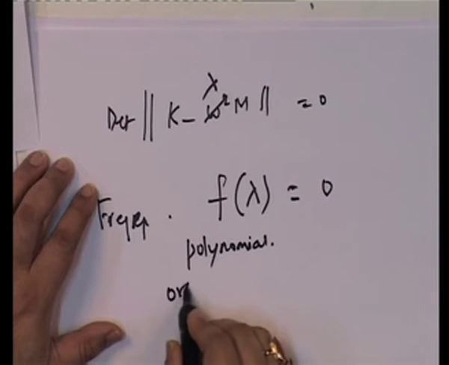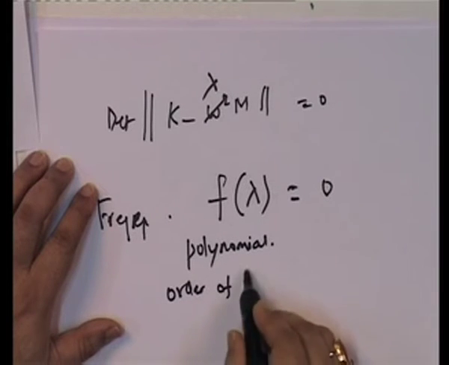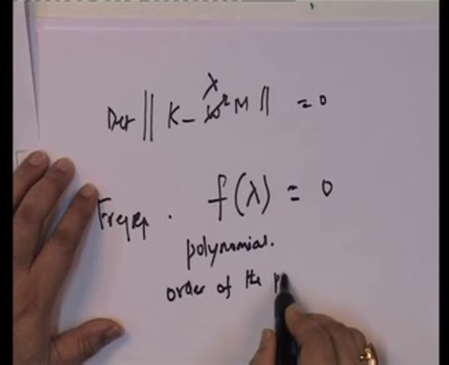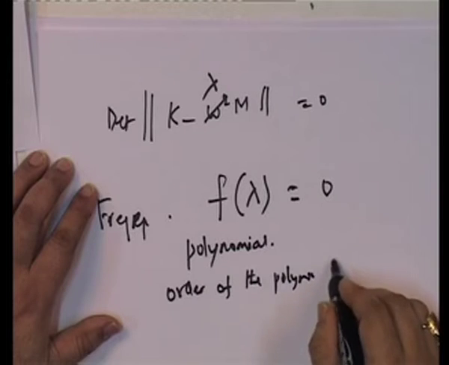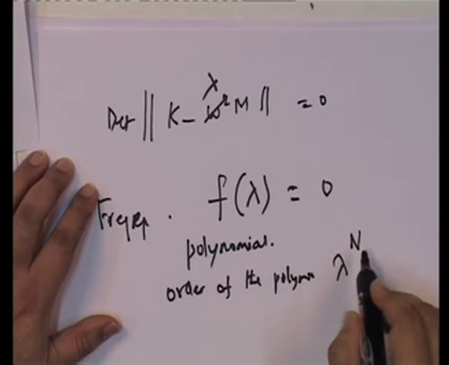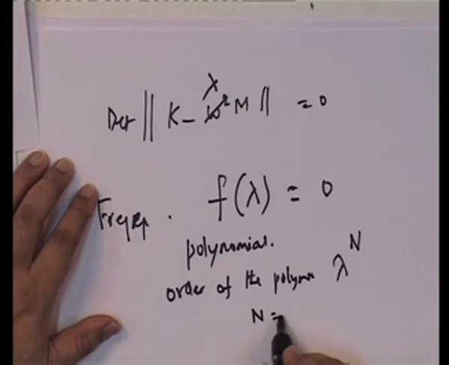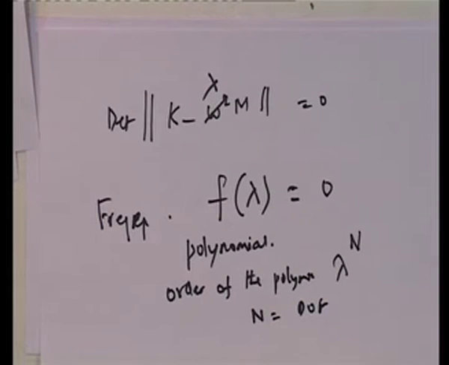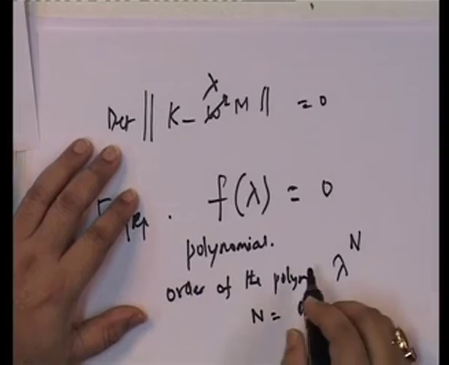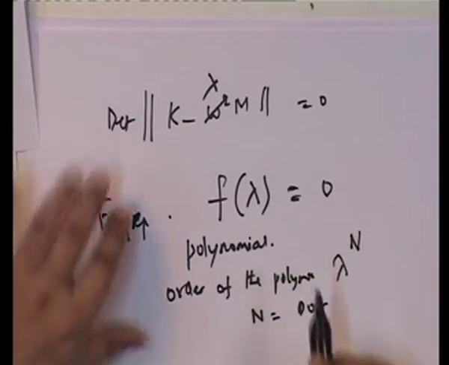The order of the polynomial is lambda to the power of n, where n is the degrees of freedom. So, you are actually solving a polynomial. It becomes finding out the roots of a polynomial.